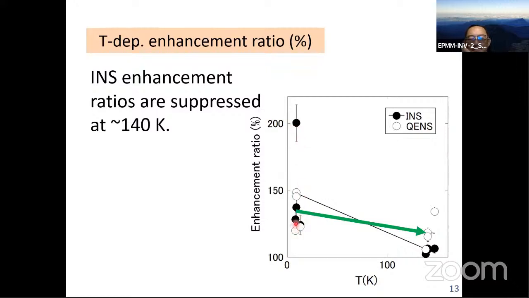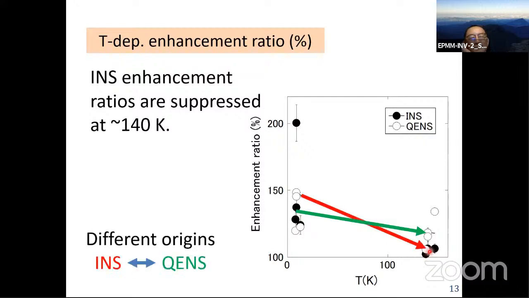These enhancement ratios are strongly suppressed at 140 Kelvin, like this. So we can conclude these scatterings have different origins. Inelastic neutron scattering can originate from magnons. On the other hand, quasi-elastic neutron scattering comes from the Bragg peak with dynamical scattering effect.